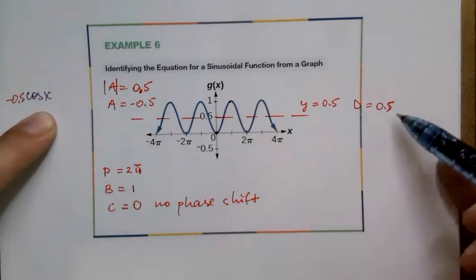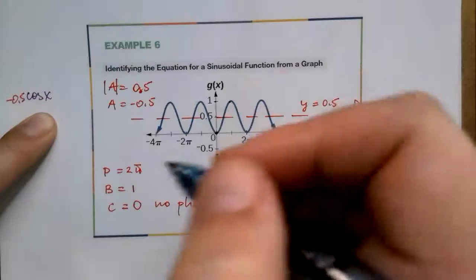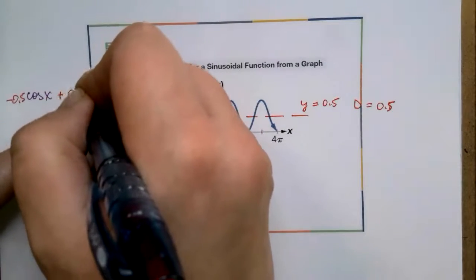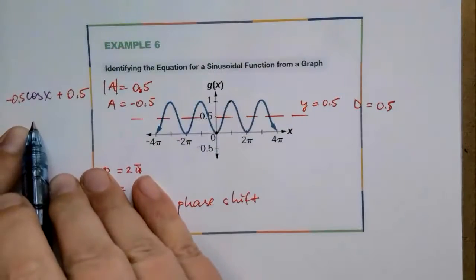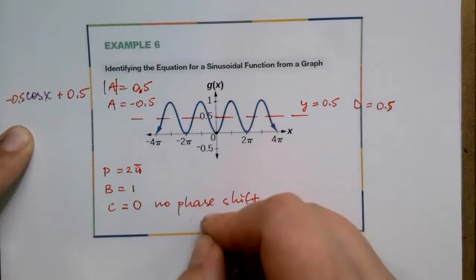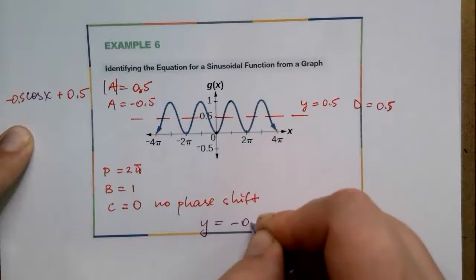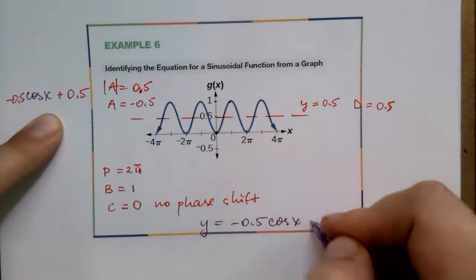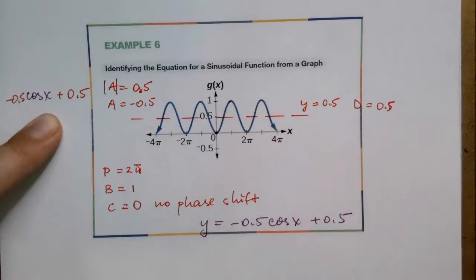Okay, and d is 0.5, so that's our function. Our function is y equals negative 0.5 cosine x plus 0.5. All right.